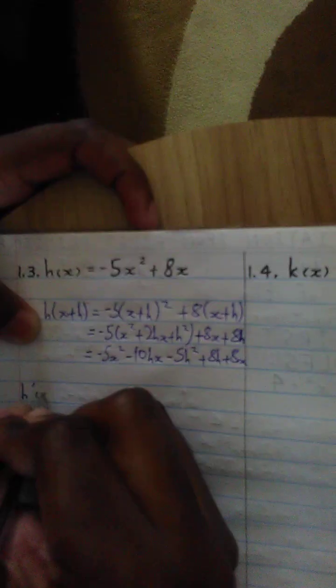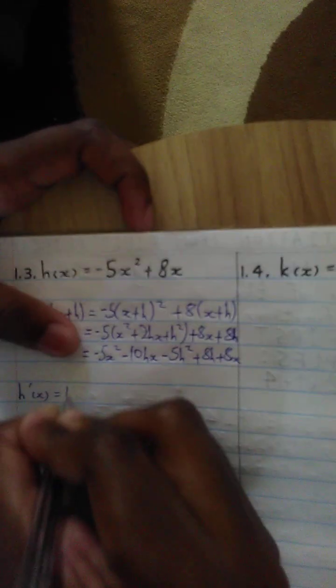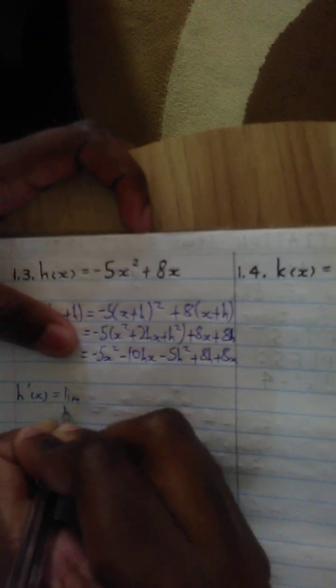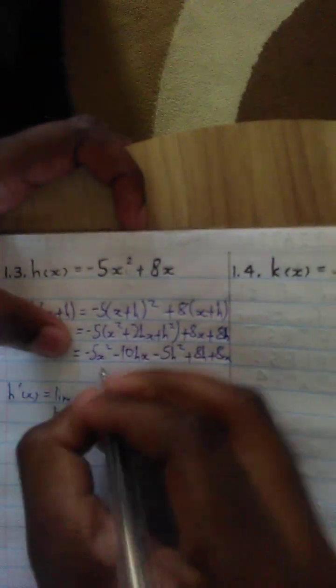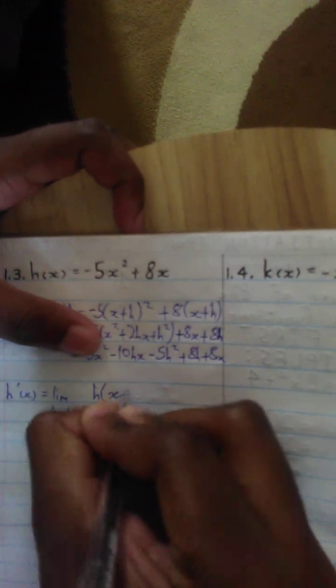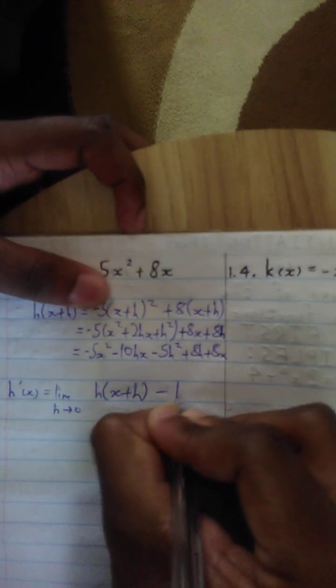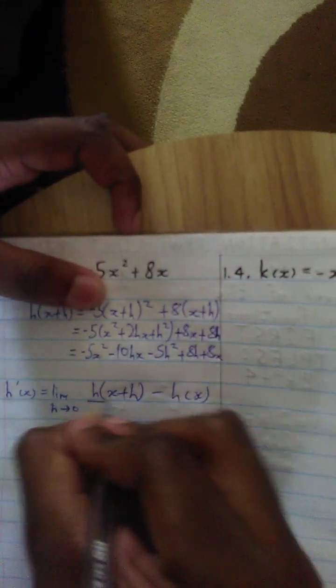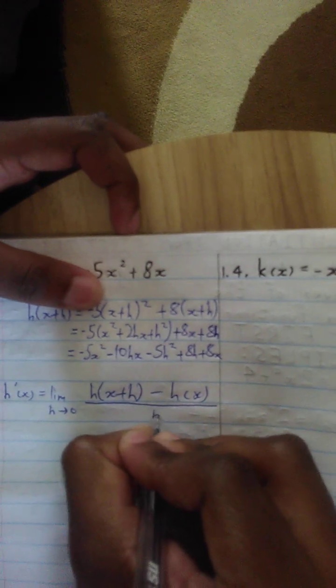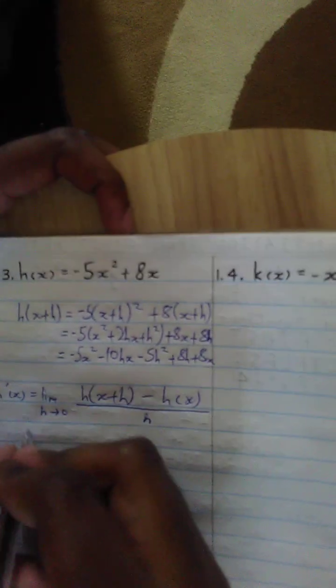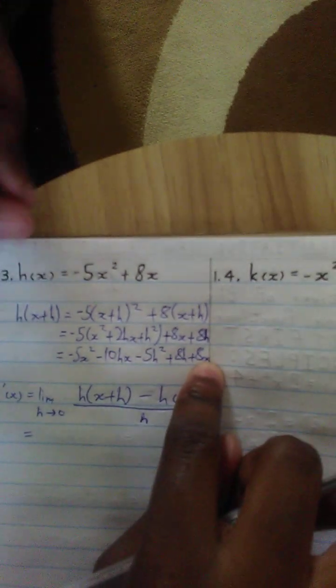So once again we write the formula down. h prime of x is equal to the limit as h approaches 0 of h of x plus h minus h of x all over h, which is equal to, oh my, we have to write this whole thing down first.